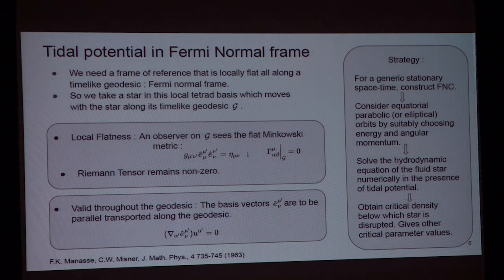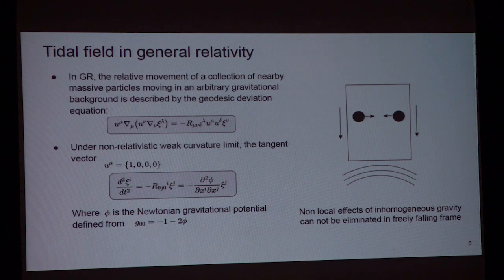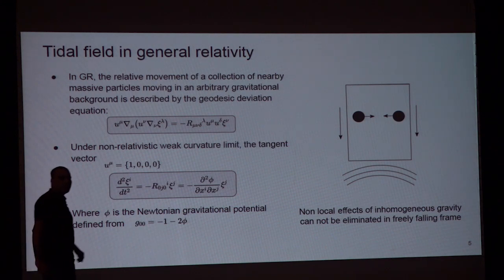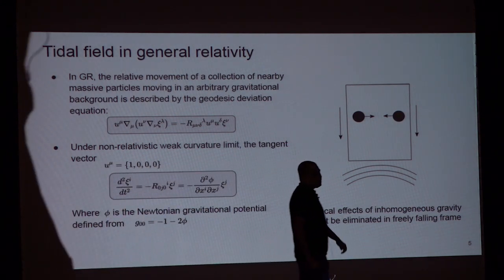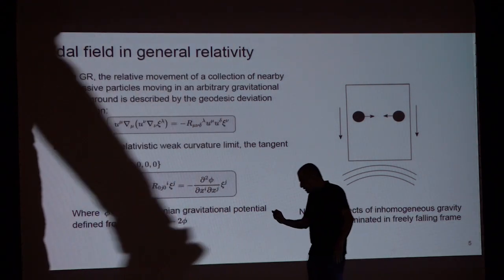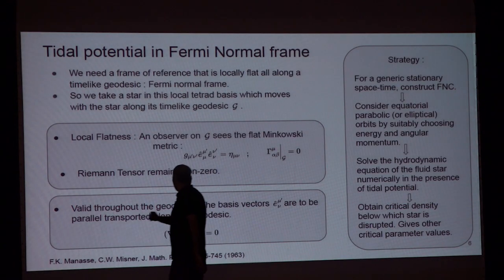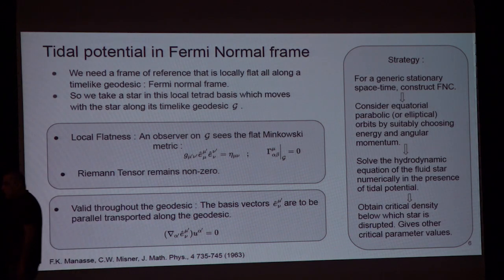And what you now need to do is to understand how this works for an extended object. So these are basically geodesics which correspond to point particles, and if you want to study extended objects, then you need to define locally flat coordinates.